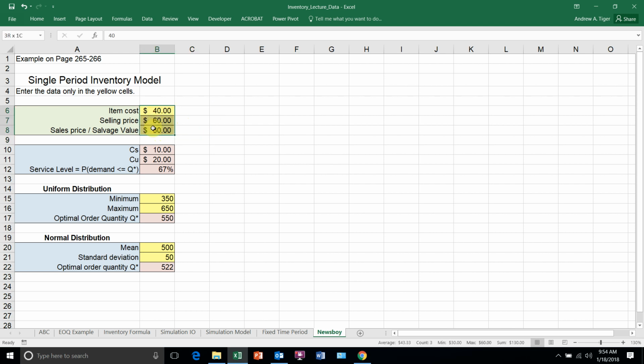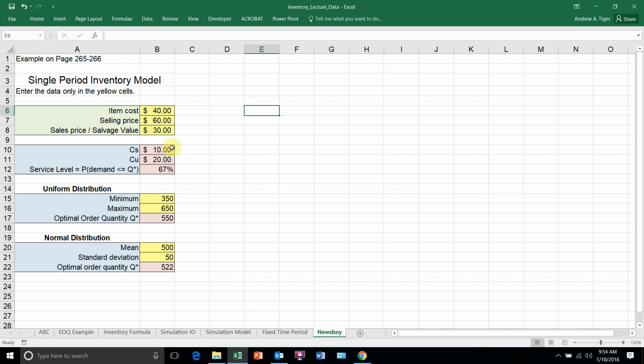So these are the three cost drivers that dictate something called the cost of C of S and C of U. Different books use different terminologies, but in this case, C of S is the cost of overestimating demand. It's the cost of being long.